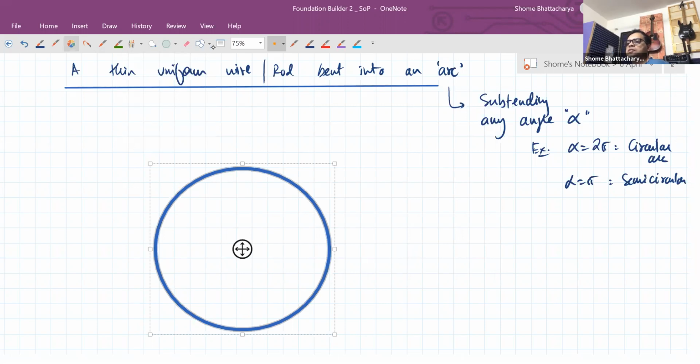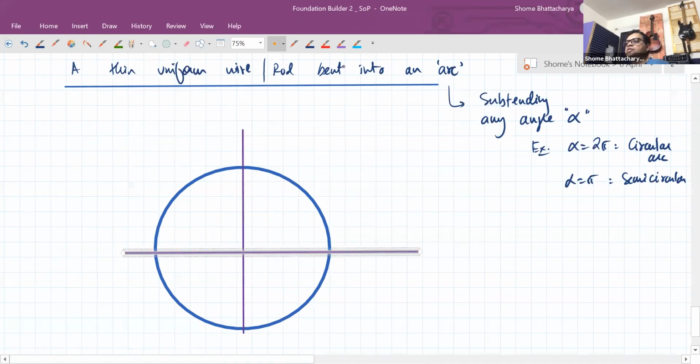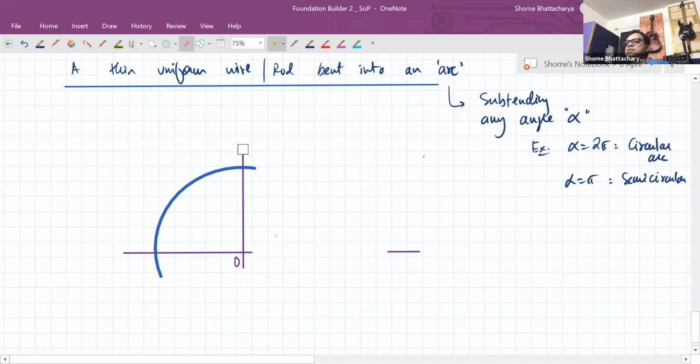So now let us say this is our center of curvature here. But our arc is something very arbitrary now. It's like this, let's say. It's more than 90 but less than 180 or something like this.